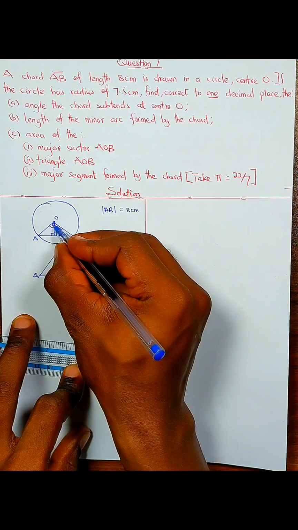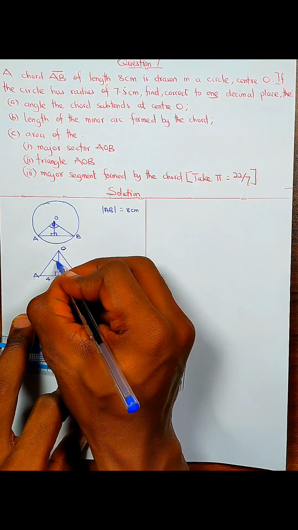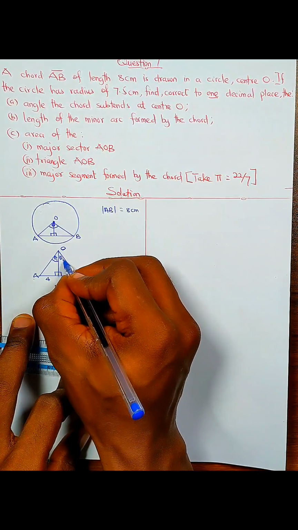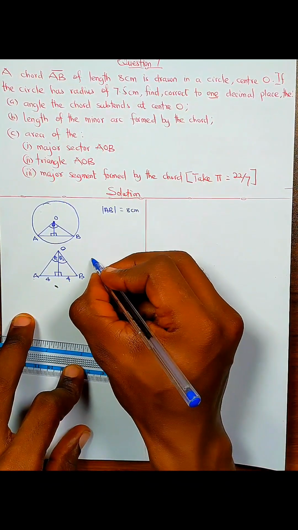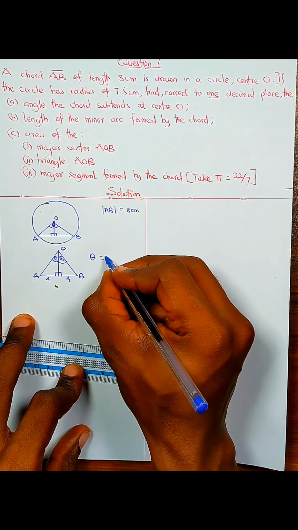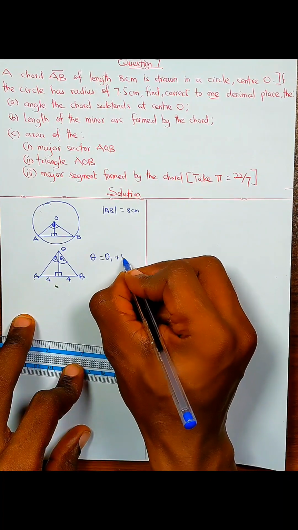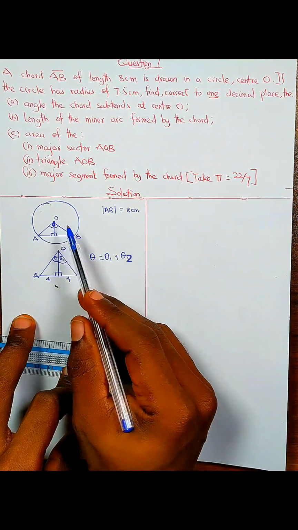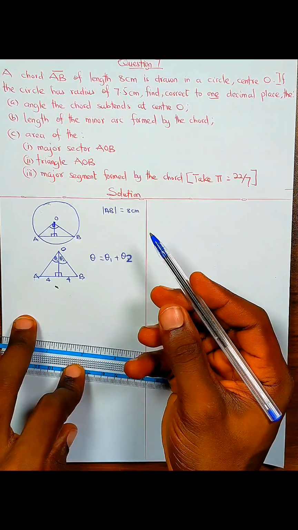And this theta which you are looking for becomes theta 1 and theta 2. So theta is equal to theta 1 plus theta 2. You add the two angles and it gives you the bigger angle here, and that's what we are looking for.